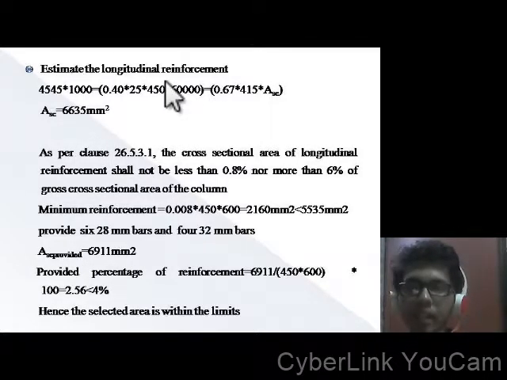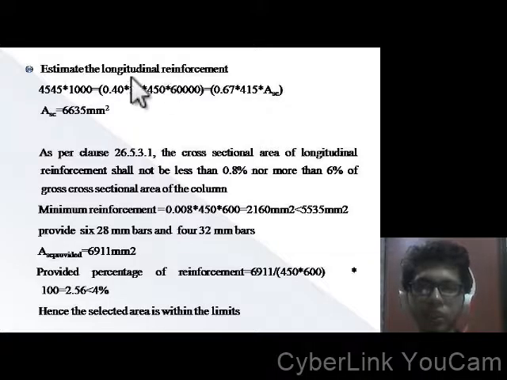Next, we are going to estimate the longitudinal reinforcement for this equation. The only unknown is ASC, and from here we get 6635 mm square. As per clause 26.3.1, the cross-sectional area of longitudinal reinforcement shall not be less than 0.8% or more than 6% of the gross cross-sectional area.